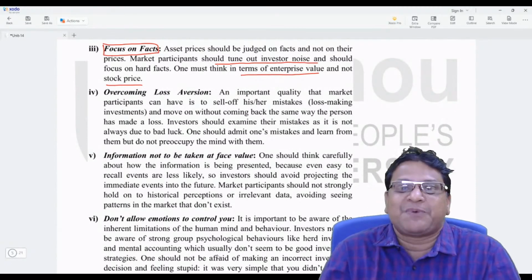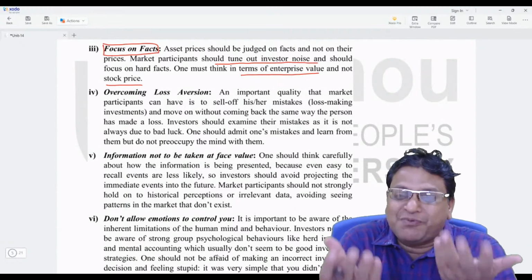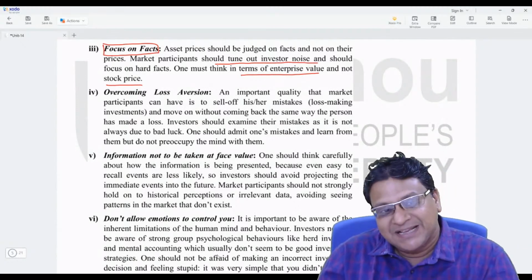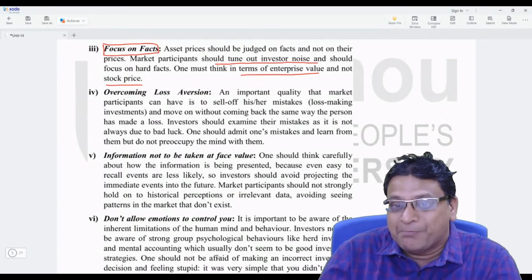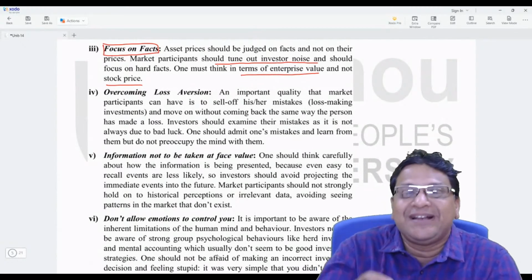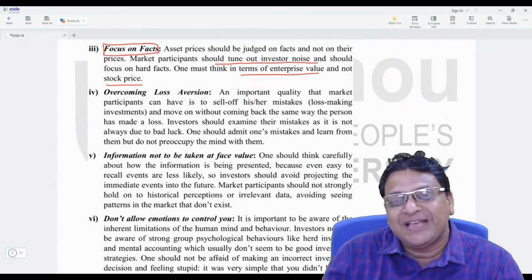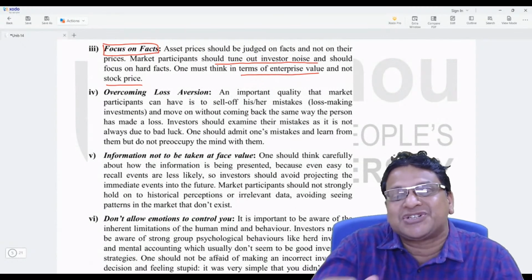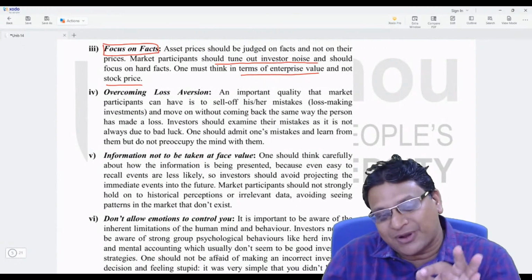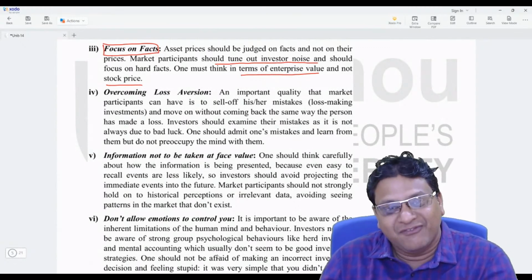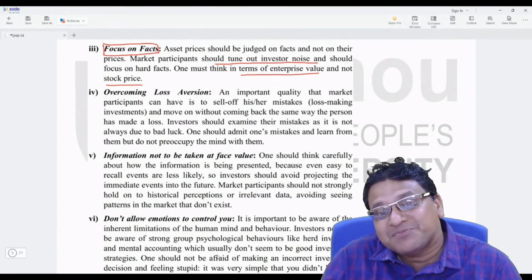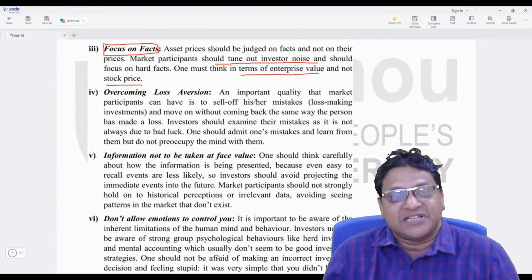They think that its price has increased and it will increase forever. But practically, a person must put his money by valuing the enterprise, not by looking just at the increase in stock price. So if this organization is available at a good value, we must buy it. That type of investment is known as value investment.